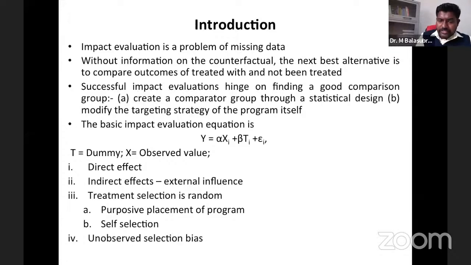If you are not addressing this, it leads to selection bias. For example, the program is an intervention such as a new seed variety with a very good yield, and good campaign awareness programs run by extension workers, to evaluate the impact of this newly developed seed.